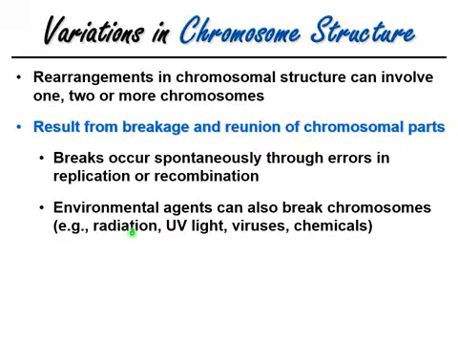So that would be like gamma radiation, ionizing radiation, even UV light. UV light is not as harsh as gamma radiation, but it causes thymine dimers, and it can cause breaks because of those thymine dimers and just actual breaks if it's in strong enough intensity. Viruses, of course, want to basically shove their genetic material into your genome.